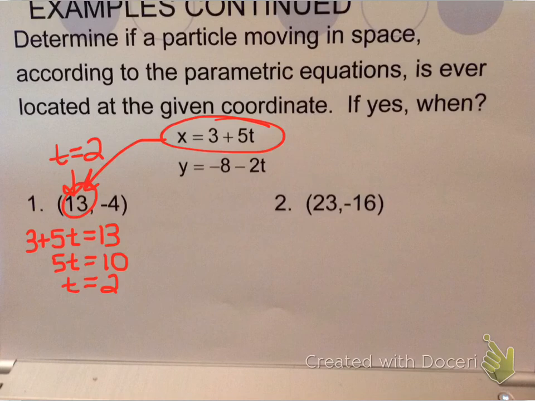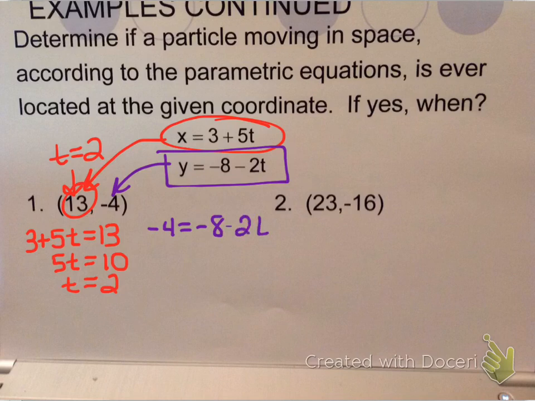Option 1 is to repeat the process, but figure out when is the y-coordinate equal to that. So that's option 1. So I'm going to show that to you. So I'm going to take my y equation and I'm going to set it equal to -4 and figure out when is y equal to -4.